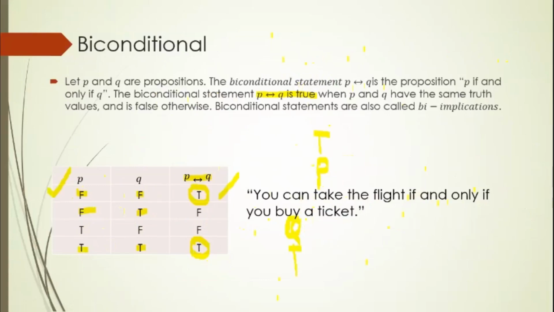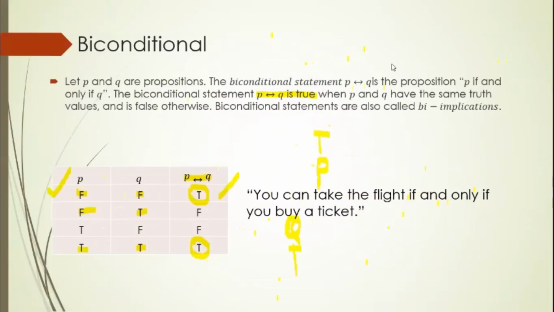What are the circumstances wherein you have a ticket but you cannot take the flight? You might have missed the flight. Maybe you came in late. You are 30 minutes late, so the airplane already left.